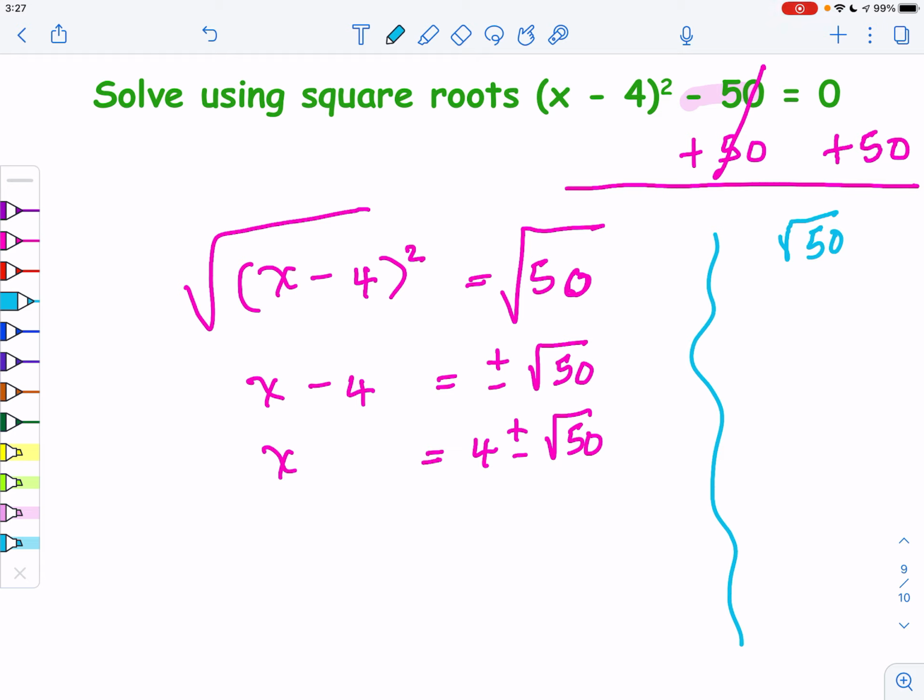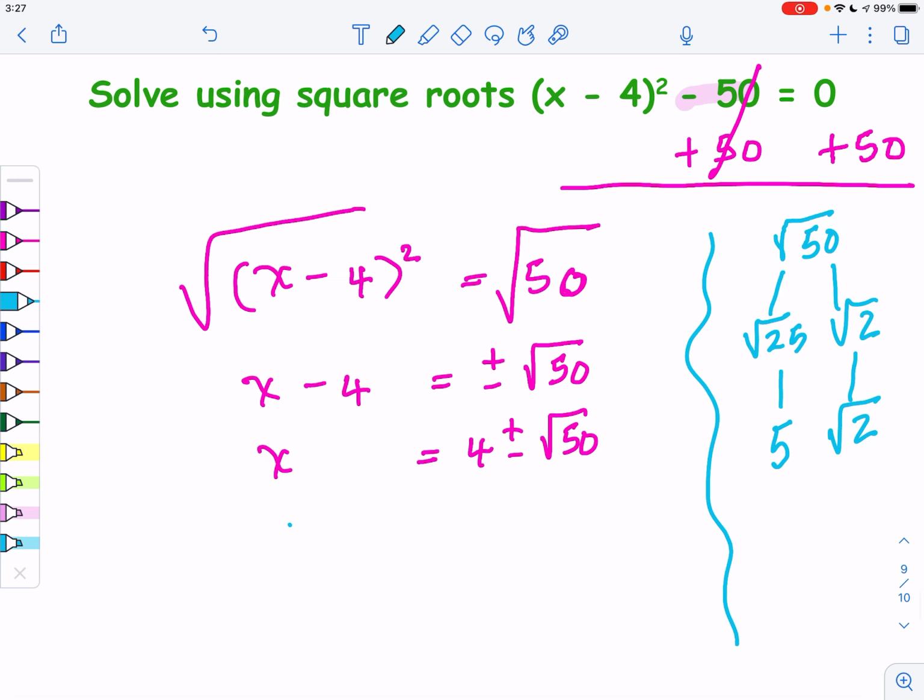The biggest one would be 25. So square root 25 times square root 2. The square root of 25 is 5. Square root of 2, that's not a perfect square, so rewrite it as square root 2. So in our answer, we're going to have x equals 4 plus or minus 5 square root 2.